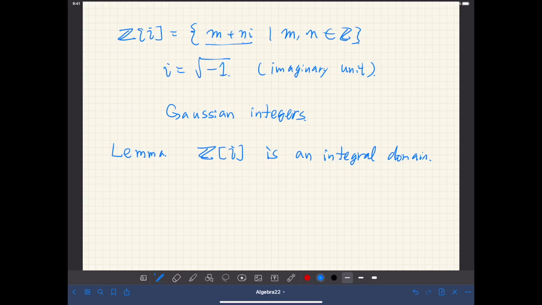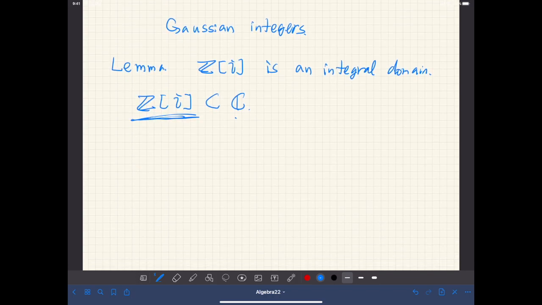So first of all, we should note that Z of I is a subset of the set of complex numbers. And the set of complex numbers is a field, which is a ring. So first we should show that this set, the set of Gaussian integers, is a ring. To do so, we can use the subring criterion.